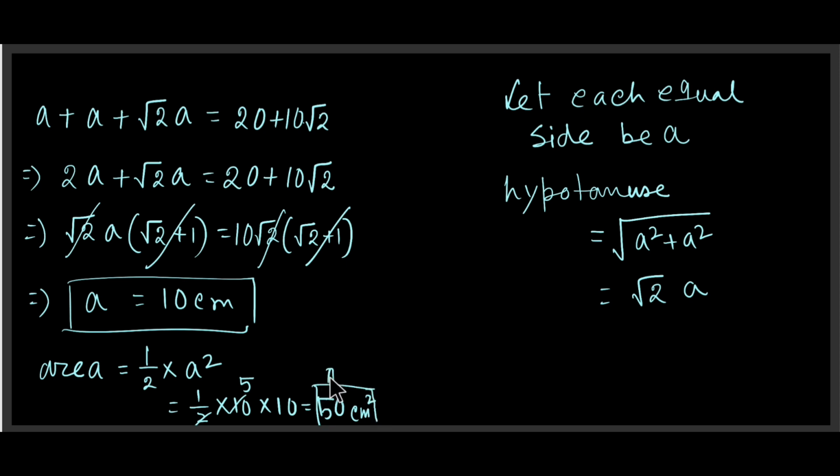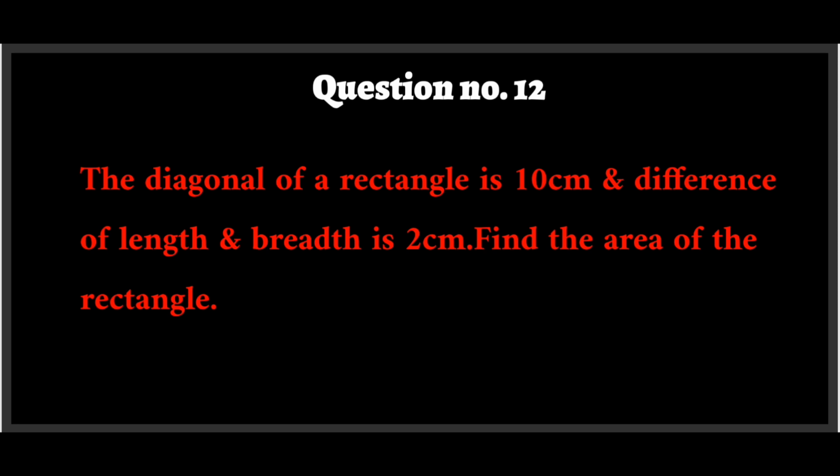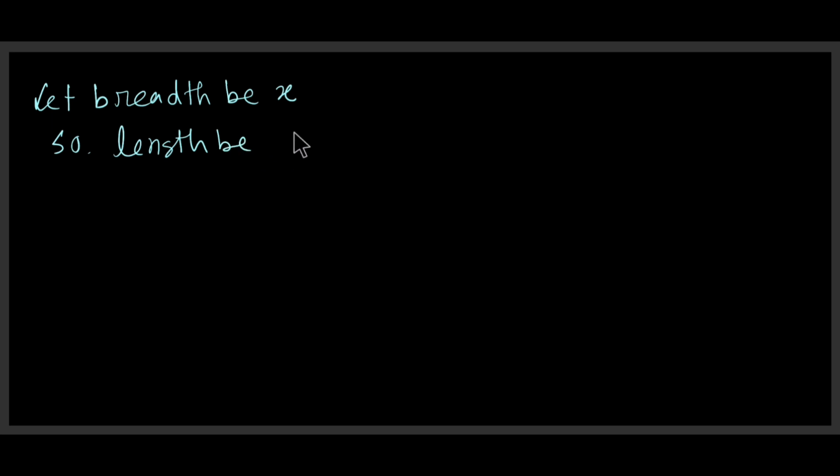So it is our answer. Question number 12. Let the breadth of the rectangle be x, so length must be x plus 2, because the difference of length and breadth is 2.